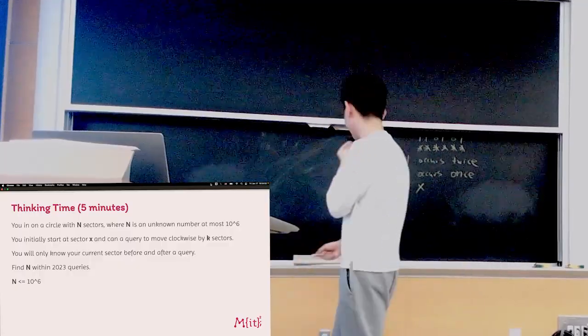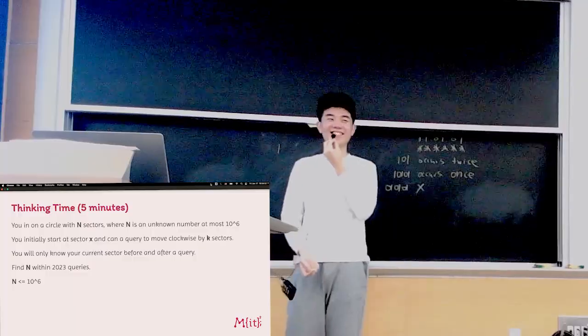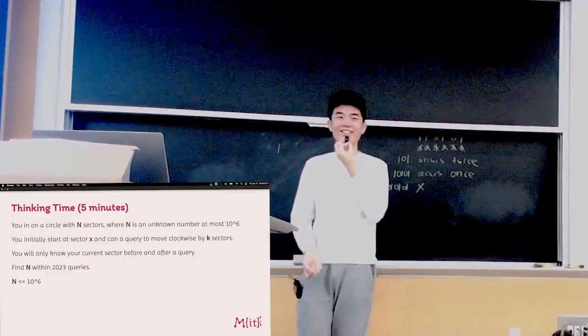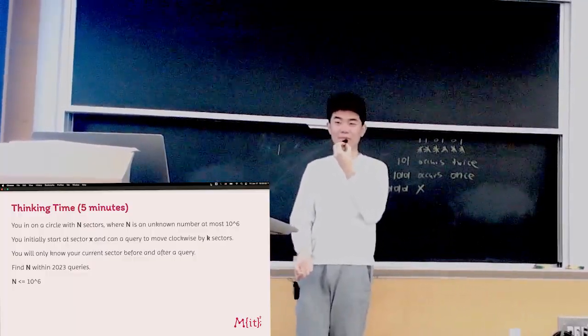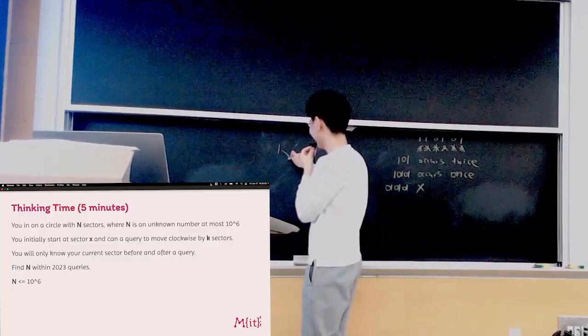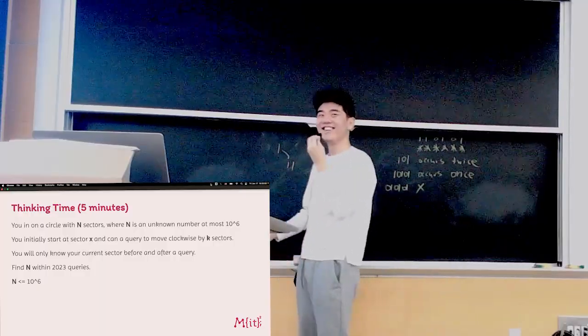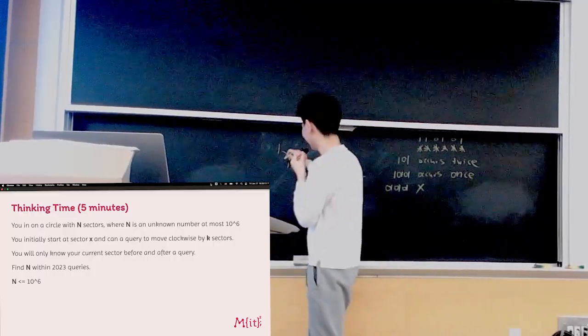Yeah, so let's just say you start off in sector 1. Does anyone want to start off by giving an amount you want to move? 1. Okay. Let's say you ended up in sector 11. 2.